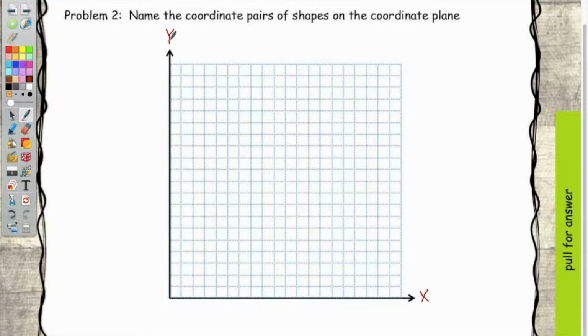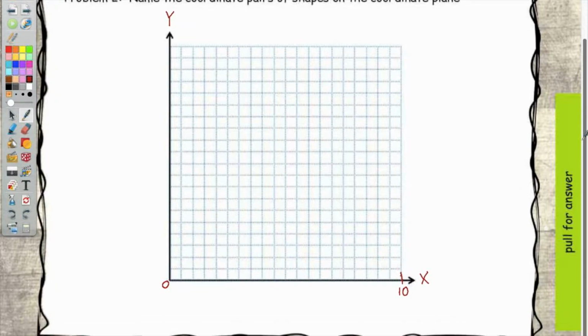Now I want you to tell me, what do you think this is right here in the corner? 0. And I'm going to tell you this is going to be 10. And let's go ahead and label every other line. So see where I'm putting my tick marks? If you can't see, Kimberly, you can always look at the computer, okay?